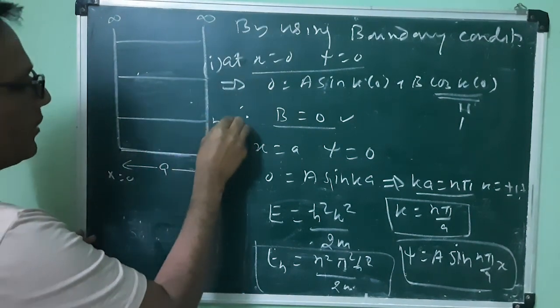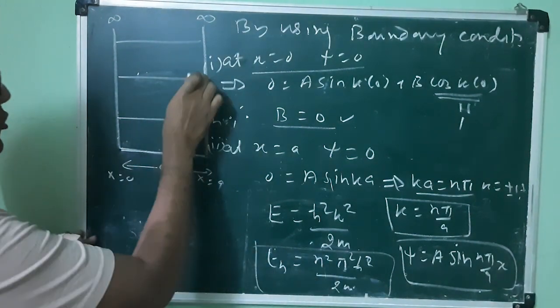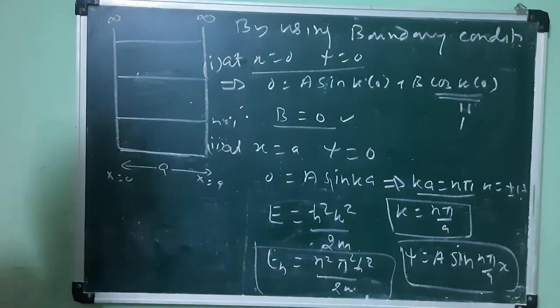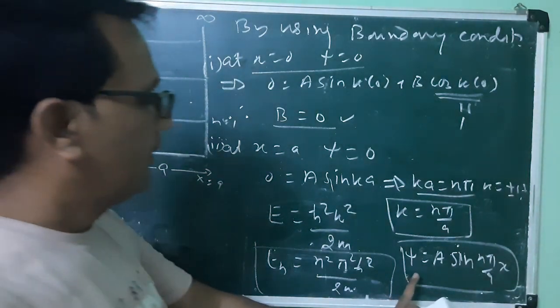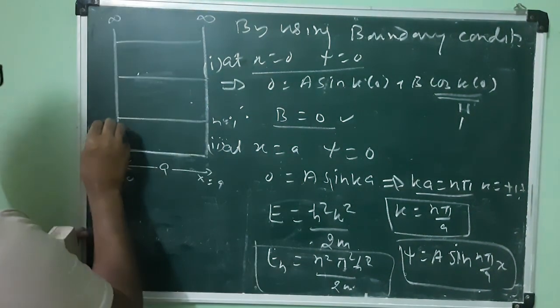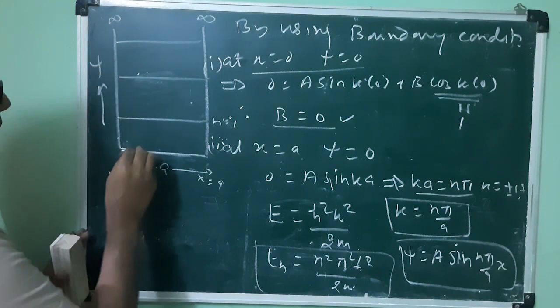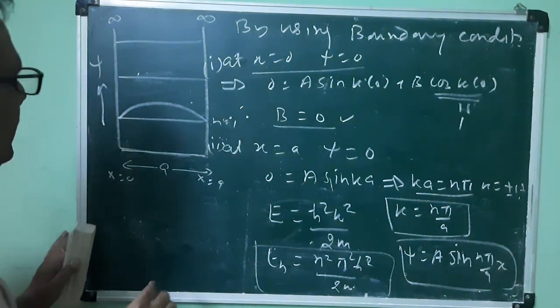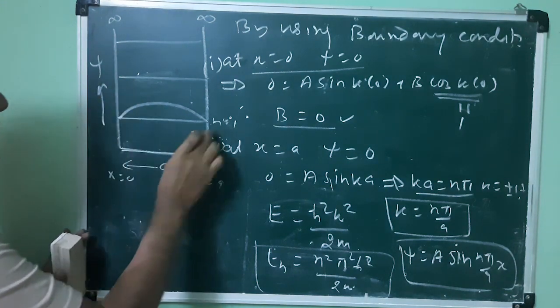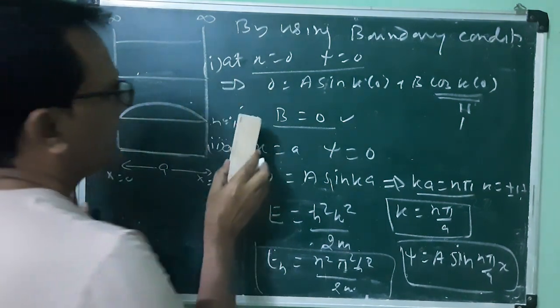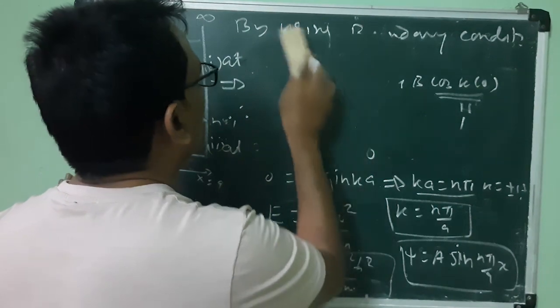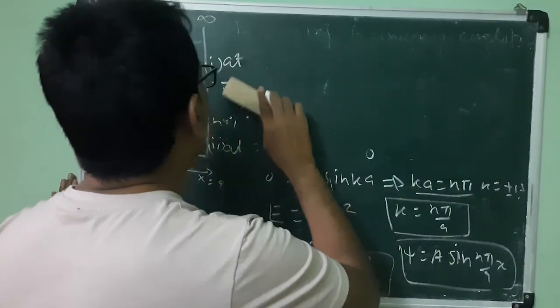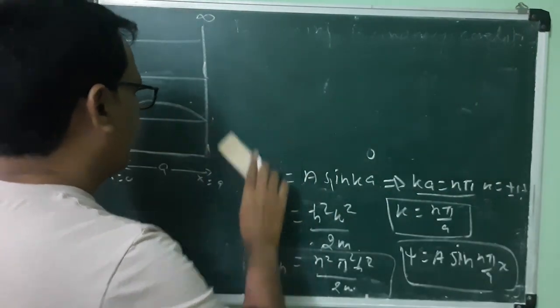So for n equal to 1, 2, 3, we can have different energy values. And if we want to plot this psi, for n equal to 1 we have one wave, and again for n equal to 2, we will have another wave here. So let's see the plot.